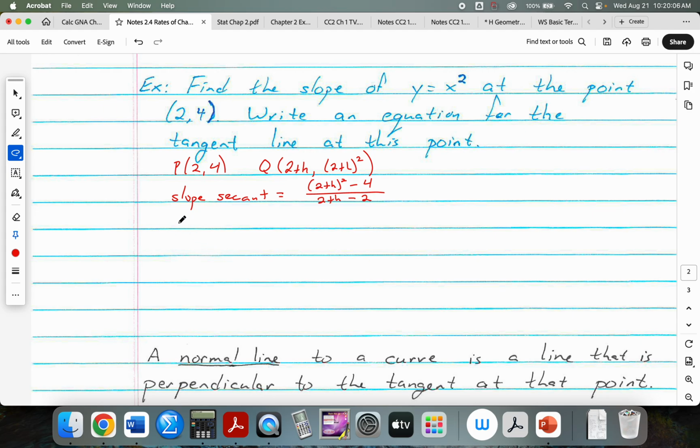So then to find the slope of the tangent, we want to take that and find the limiting value as Q gets close to P. As Q moves closer and closer to P, what's going to happen to h? It's going to get down to close to 0. So we're going to take the limit as h goes to 0 of (2 plus h) squared minus 4 over 2 plus h minus 2.